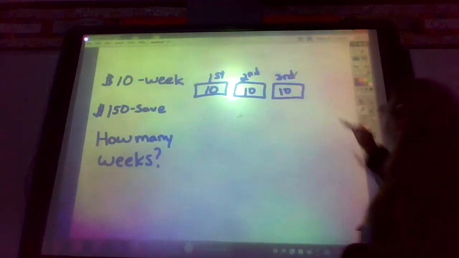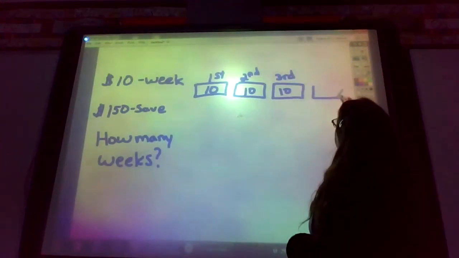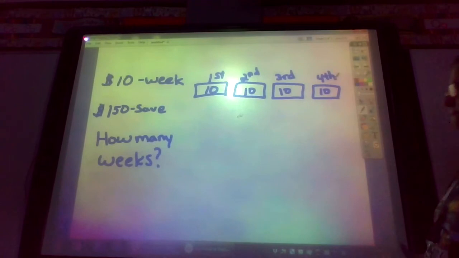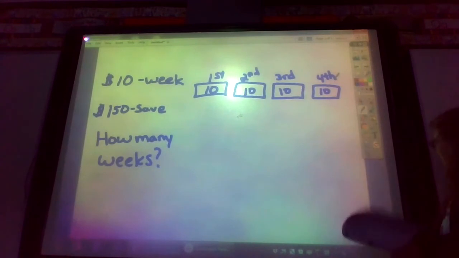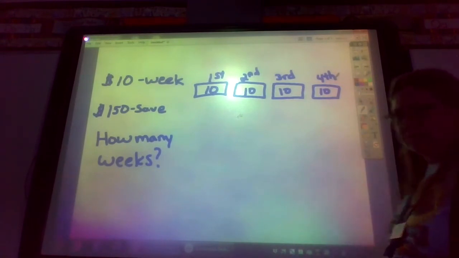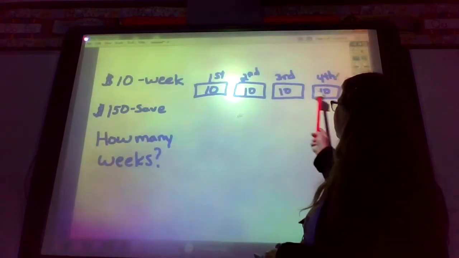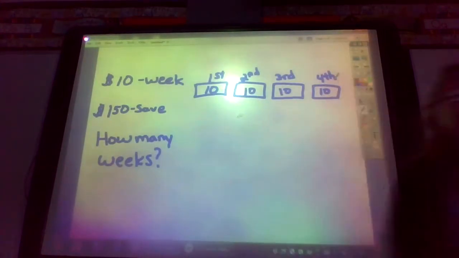Here's another $10 for the fourth week. Well, if we count by 10, let's see how close we are to 150. 10, 20, 30, 40. Ooh, I have a ways to go.